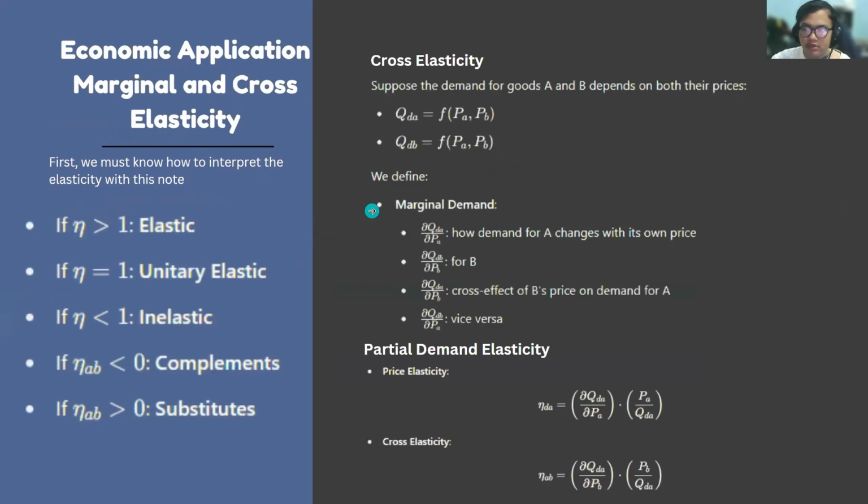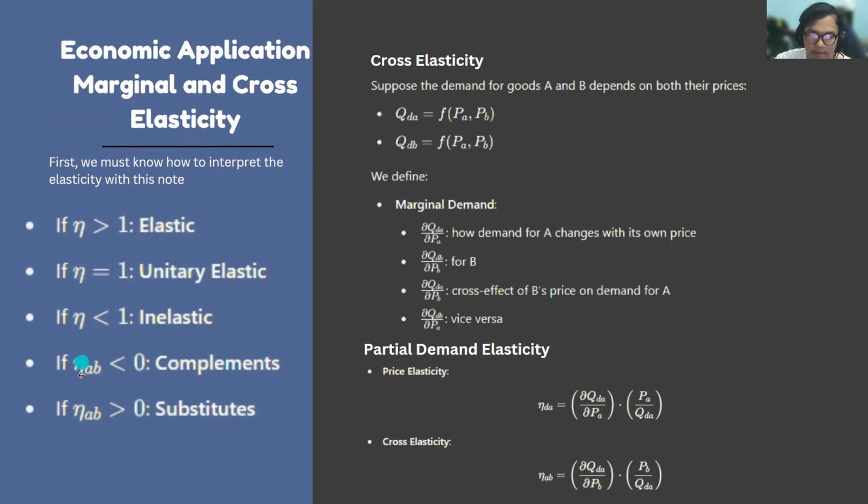Okay, this one is a bit harder. Economic application, marginal and cost elasticity. First, we must know how to interpret the elasticity with this note. If elasticity is greater than 1, it is elastic. If elasticity equals 1, it is unitary elastic. If elasticity is less than 1, it is inelastic.